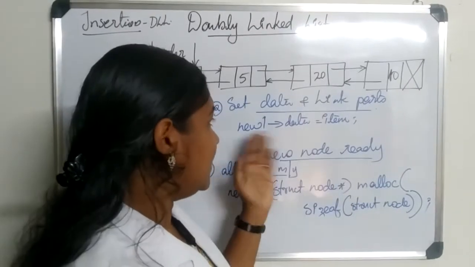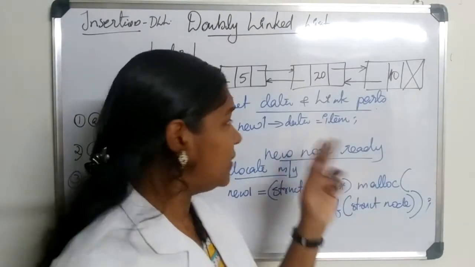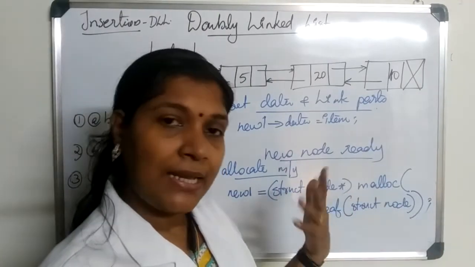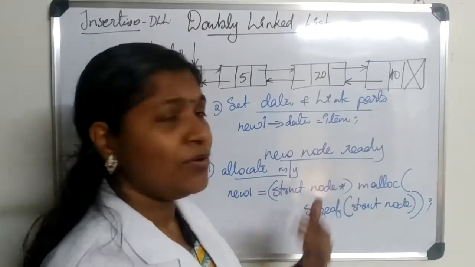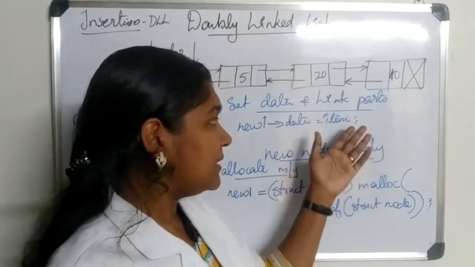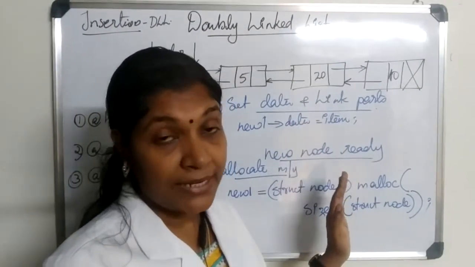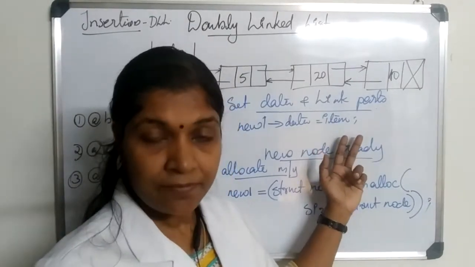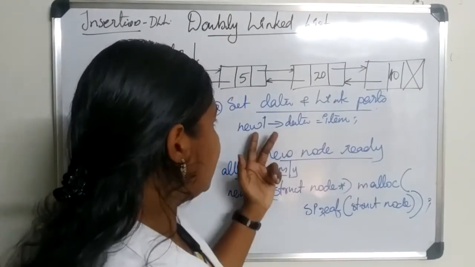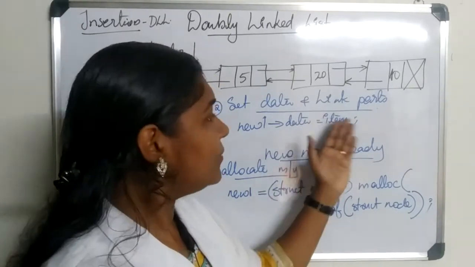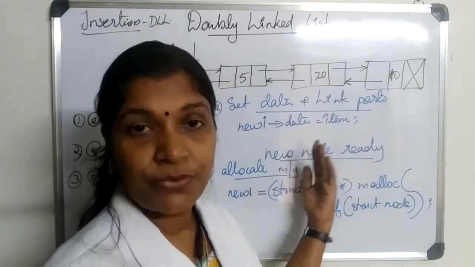Or, directly if you want, you can scan using this new one dot data variable, ampersand new one dot data. But in order to avoid that confusion, use the method we have followed so far: get the value into a variable item, and later when you set the data part and link part of the new node, only then you assign this value to new one dot data.